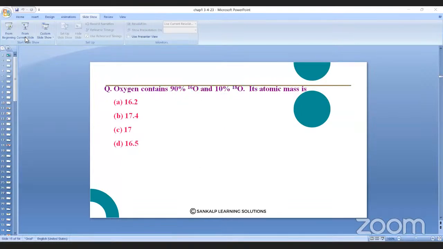So next problem: a measured temperature on the Fahrenheit scale is 200 degrees Fahrenheit. What will be its reading on the Celsius scale? So we had seen one formula: Fahrenheit is equal to 9/5 degrees Celsius plus 32.